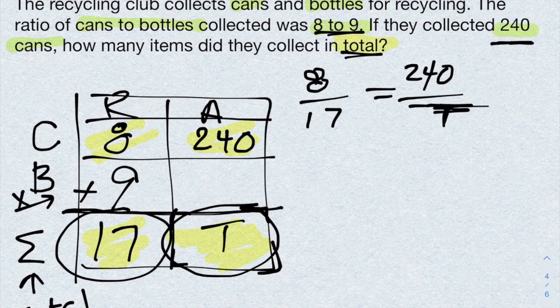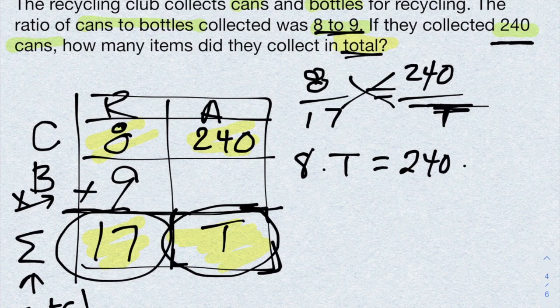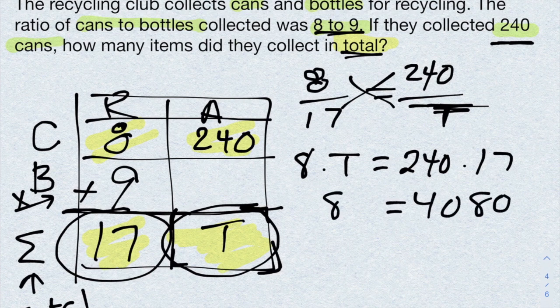Okay, from this, I'm going to cross multiply 8 times t equals 240 times 17. All right, so 240 times 17 is 4,080. And then I still have my 8t.